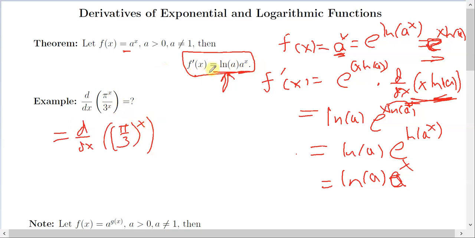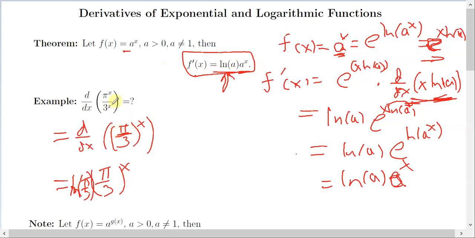And so I can use this formula. Remember, the derivative of any exponential function is that exponential function, pi over 3 to the x. You just have to remember out in front, there's going to be a natural log of the base of your exponential function. So it's natural log of pi over 3.